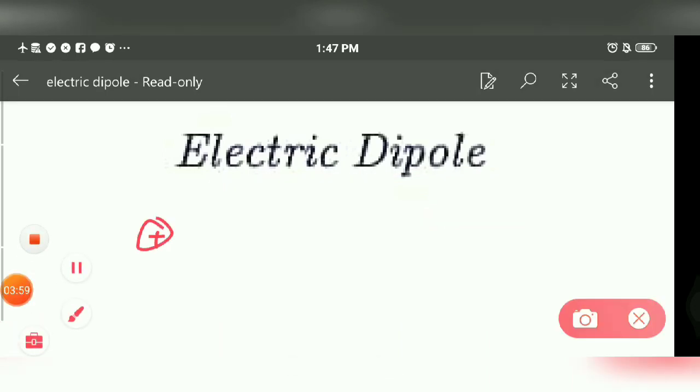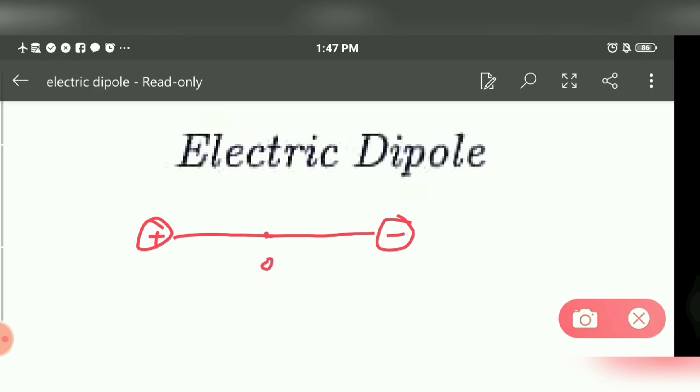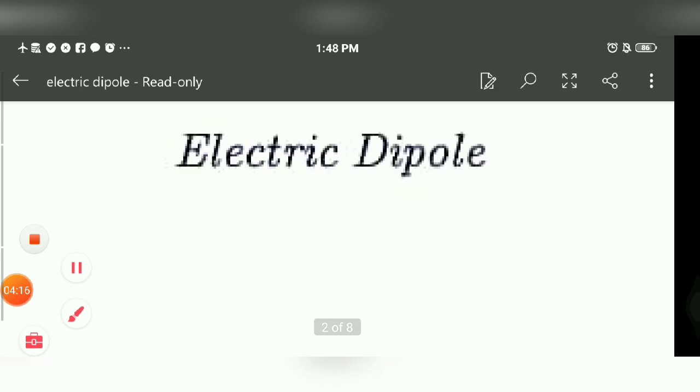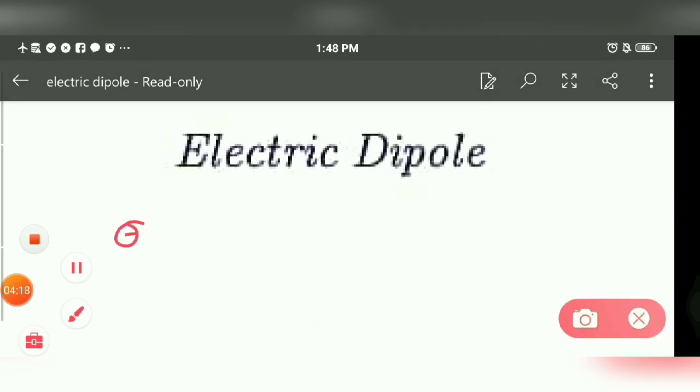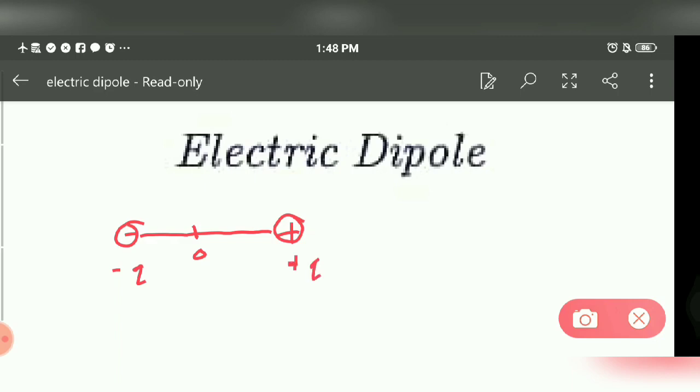If this is a dipole, positive, negative, this is the center of this dipole, say O. This is charge plus Q, this is minus Q, this is point A, this is point B. Or if we say negative, positive, this point is the center of the dipole O, minus Q, plus Q, A, B, with distance between them say d or 2a, whatever you are going to take.